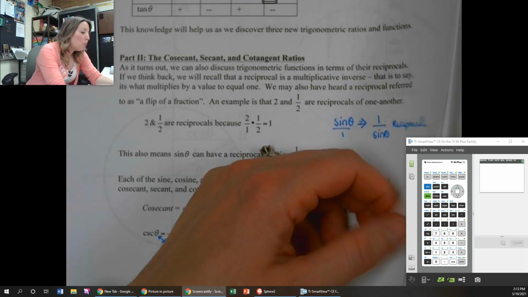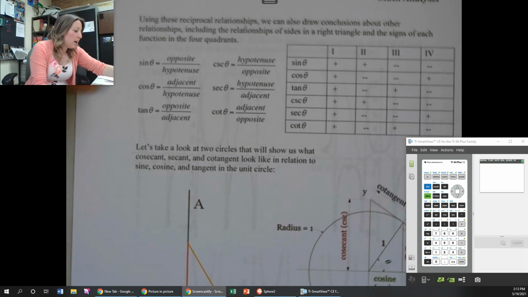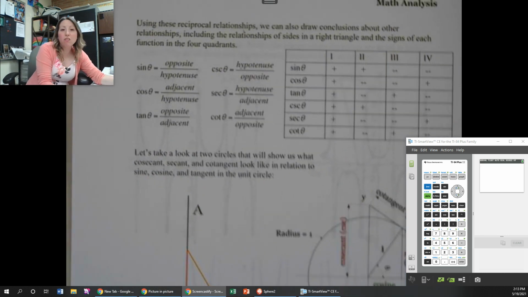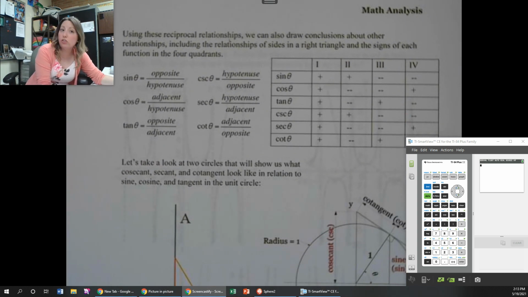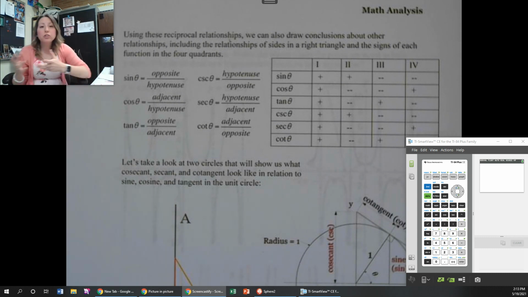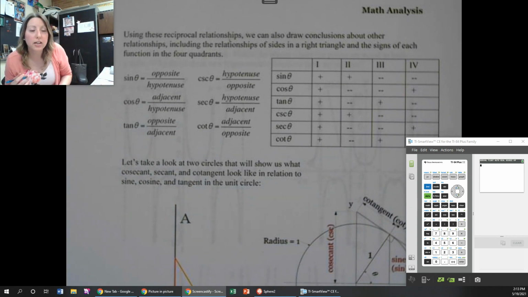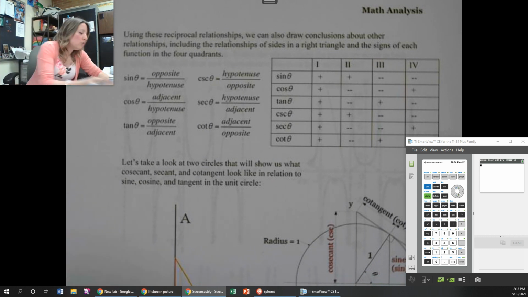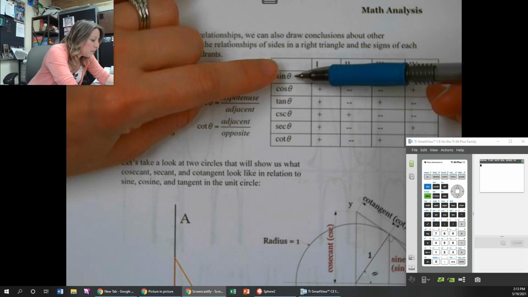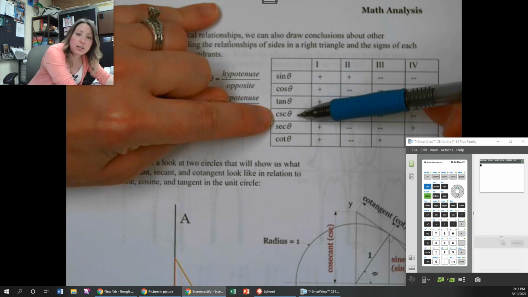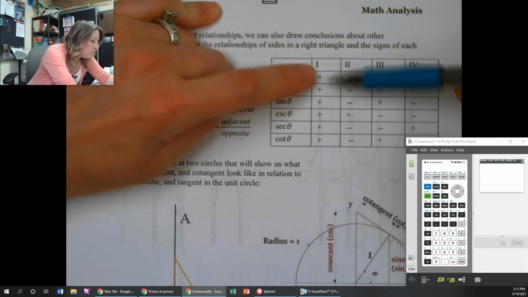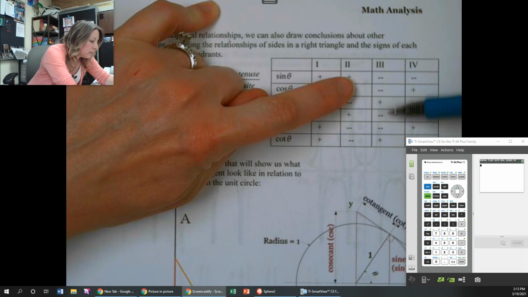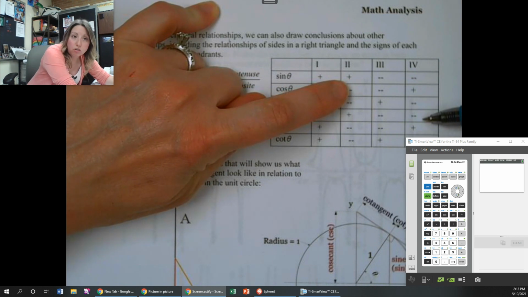It's pretty neat how they end up looking as a result. But really, what we're going to do with this is just note that a lot of things really don't change. We need to know these exist, but as long as we're able to work with sine, cosine, and tangent, working with cosecant, secant, and cotangent is going to be a breeze. Because in your unit circle, if sine and cosecant match up, then they will be exactly the same signs throughout the unit circle.